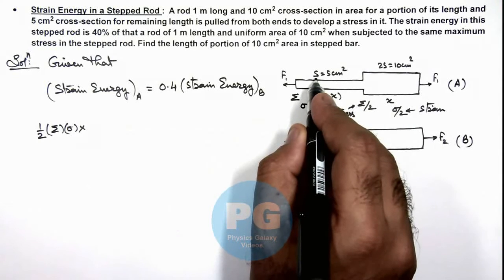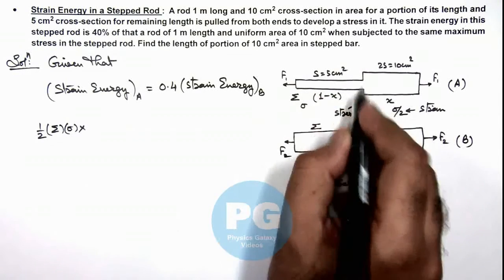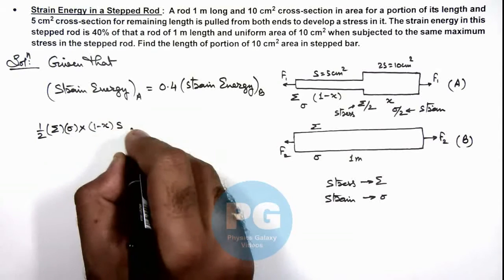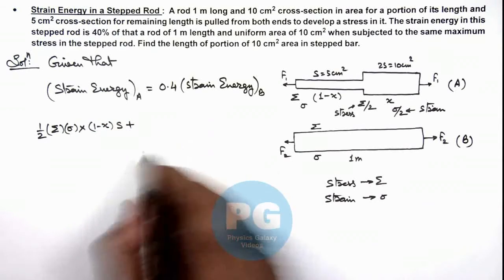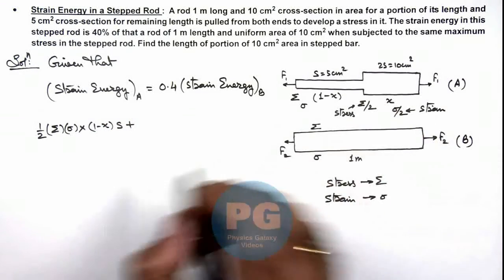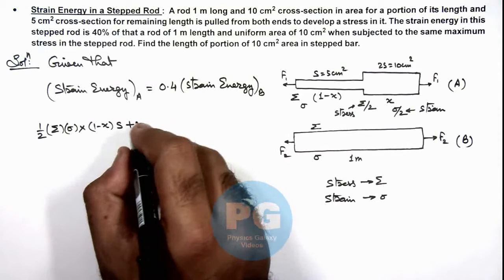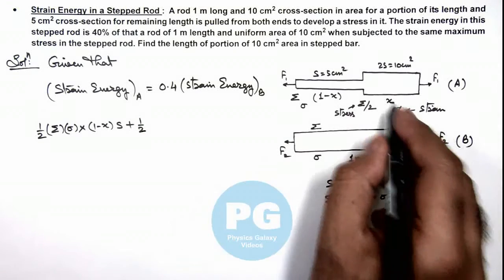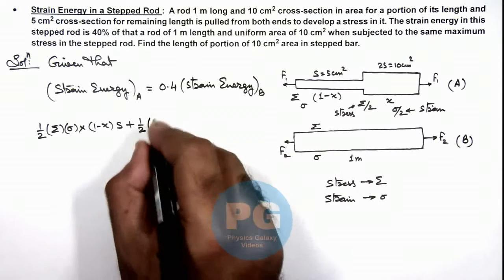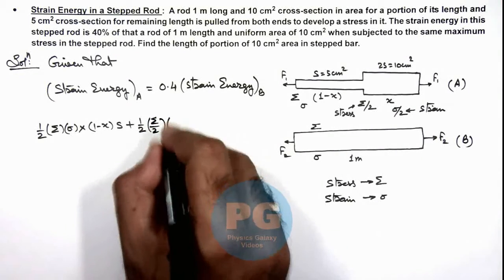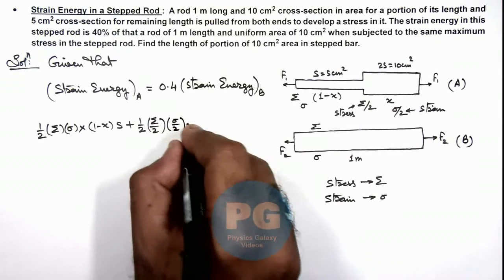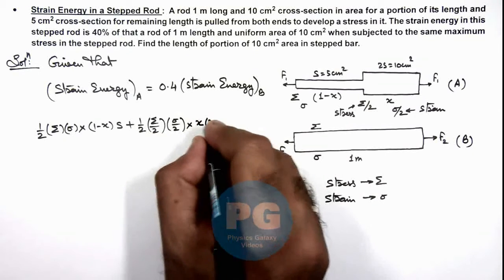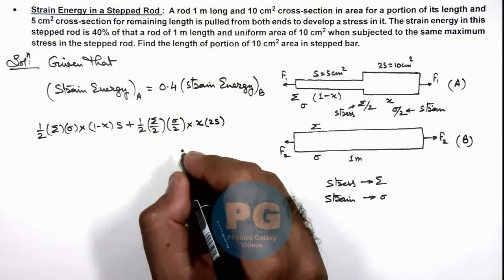Then its volume will be 1 minus x multiplied by s, plus the strain energy in the second part of this stepped rod is half multiplied by here stress and strain, sigma by 2 multiplied by small sigma by 2, multiplied by x and twice the cross sectional area.